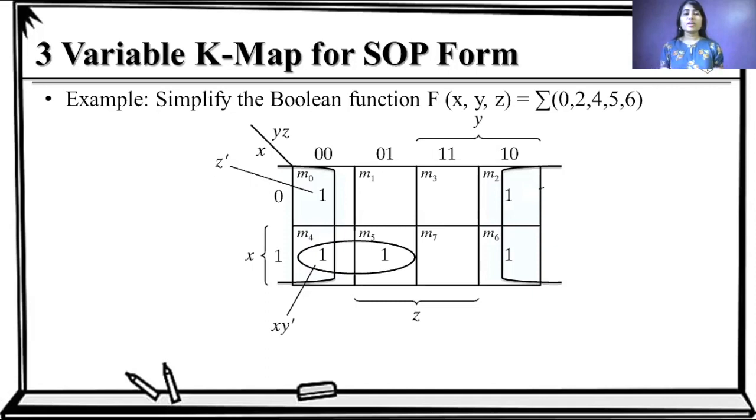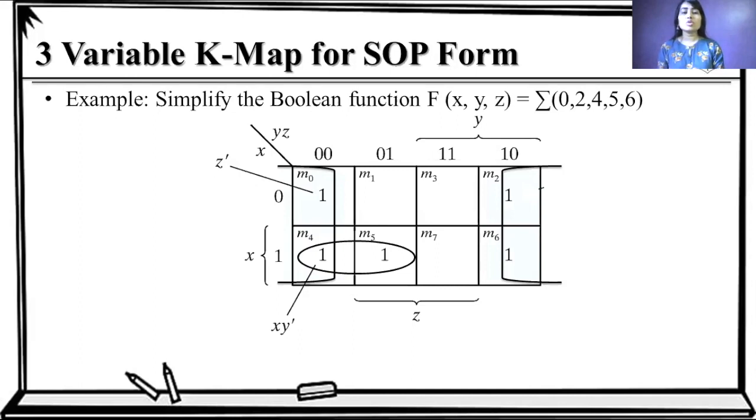So here we have to make a group of 1, 1 and 1, 1. Don't make a group of 2 over here, like for 0 and 4 and 2 and 6. Make a group of 4 over the edges. So this is how we can make a group.